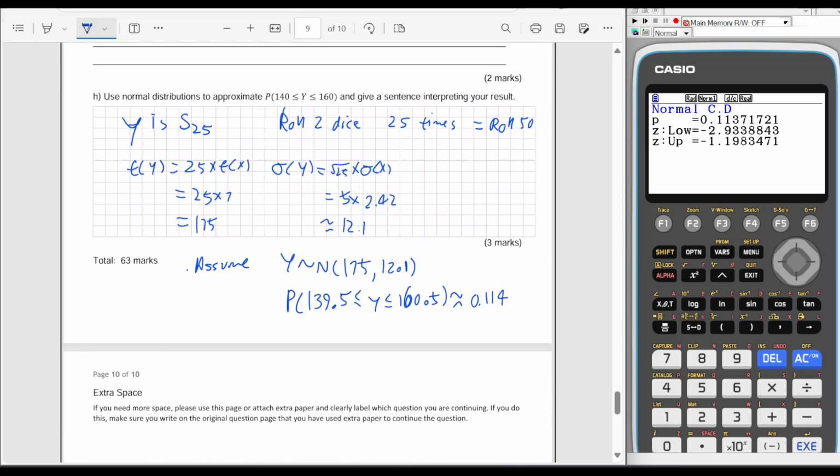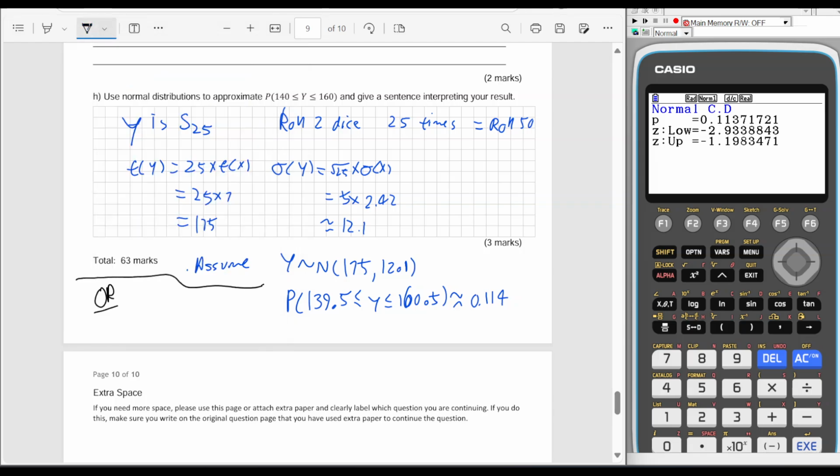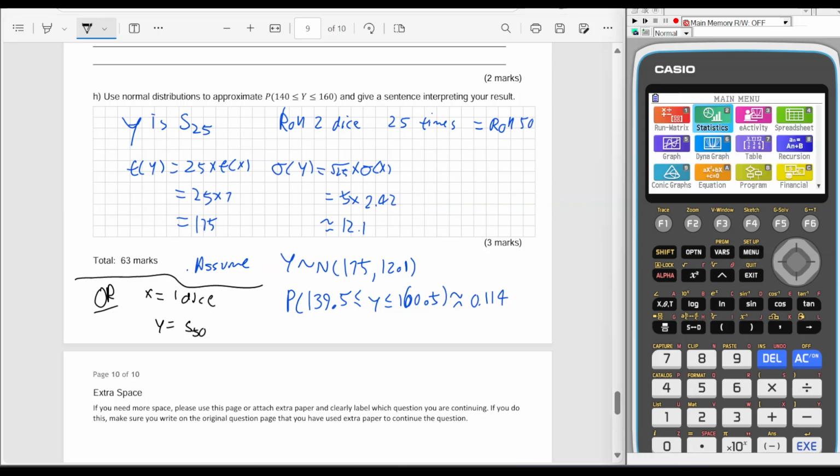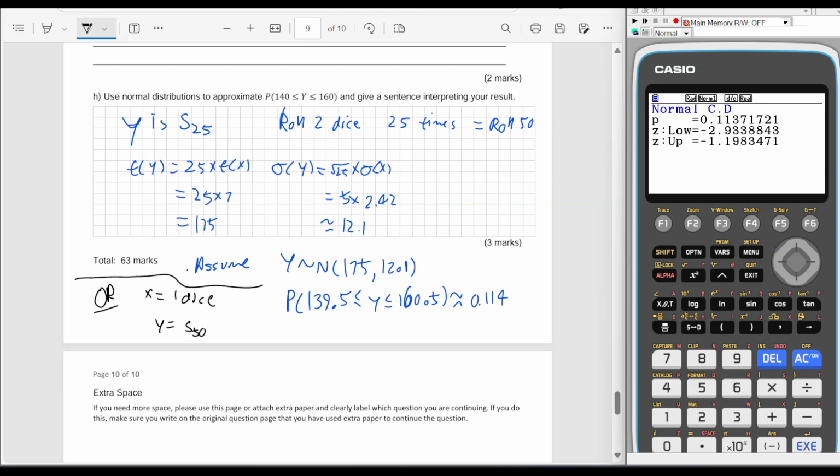Now, one optional way you could have done it is x is 1 dice and y would be S_50. So if you wanted to do that in your stats menu, you would have to work out the mean and standard deviation for 1 dice. So if we get rid of all this, when I roll 1 dice, it looks like that. And each of those probabilities is 1 out of 6.